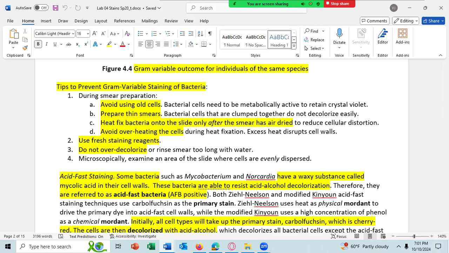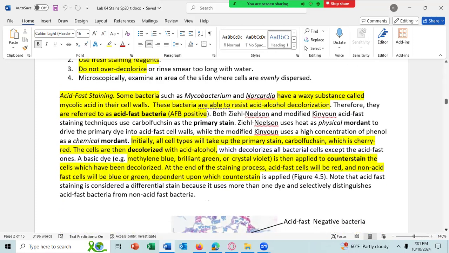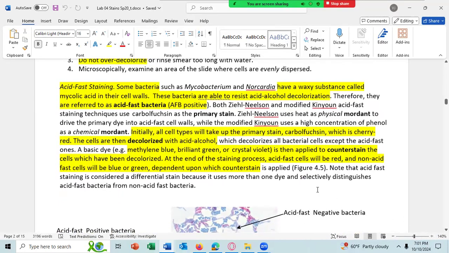Initially, all cells, when stained by the acid fast stain, take up the primary stain, which is carbol fuchsin, a cherry red color. However, you then use the decolorizing step, and it is an acid alcohol. It will remove the carbol fuchsin from the acid fast negative bacteria, but not from the acid fast positive bacteria.